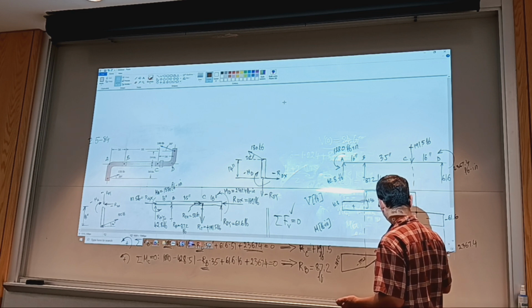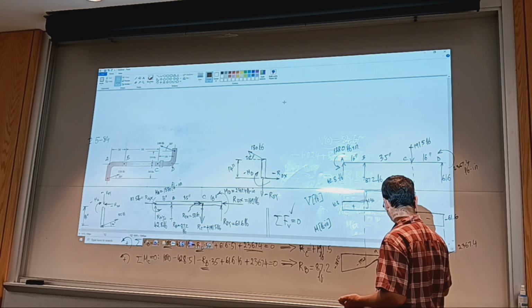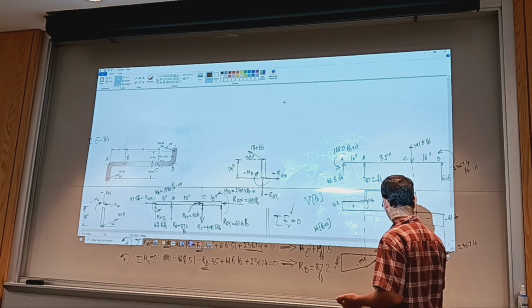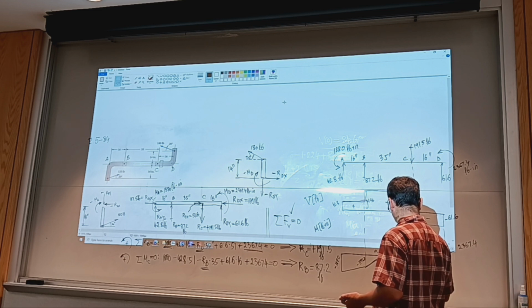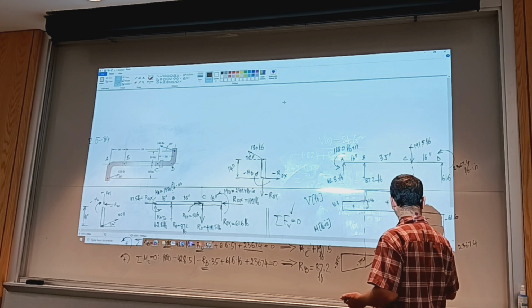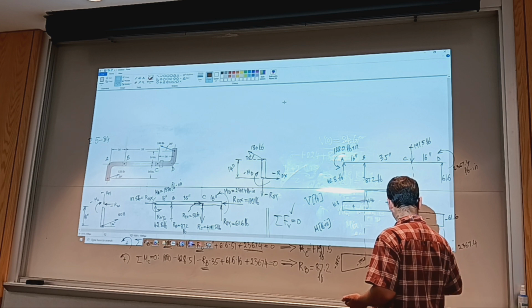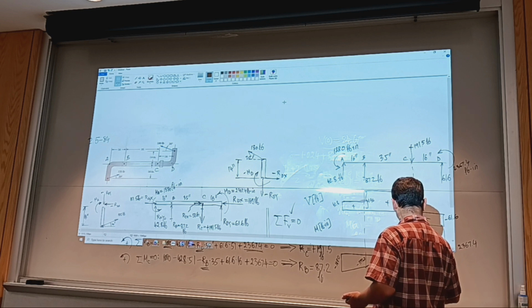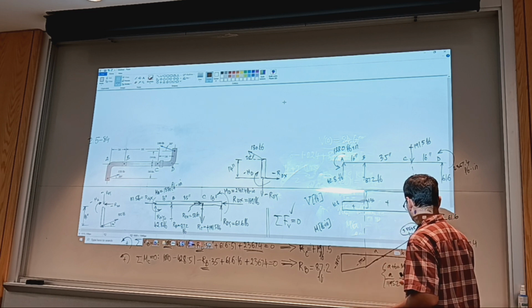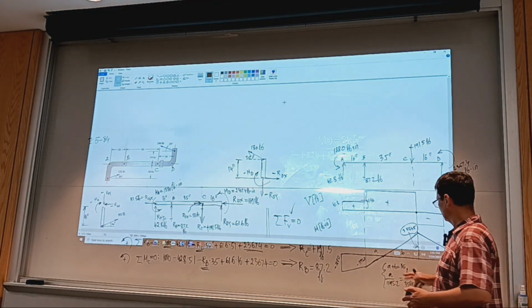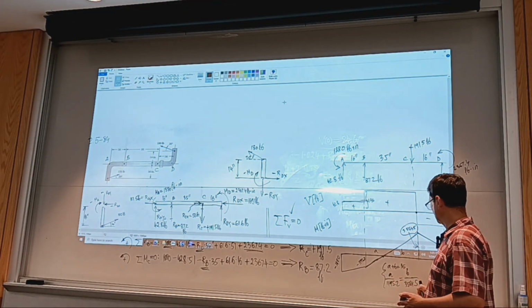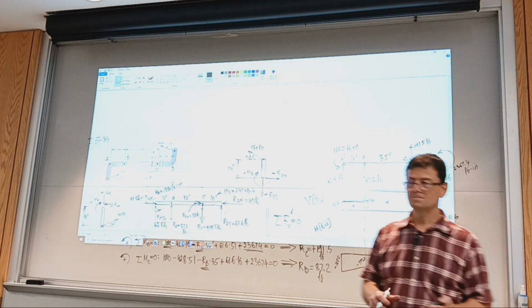You say A plus B equals 35, and then you say A over 1195.2 equals B over 3564.5. And you get A and B. You can flip this if it's more convenient to work with it this way. All right.